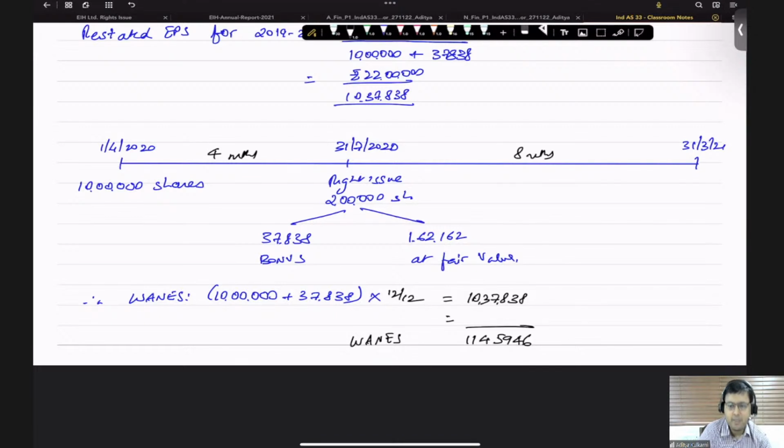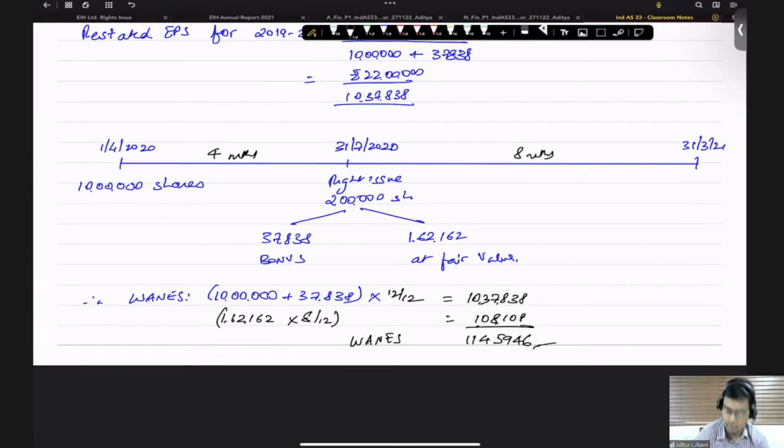And now since we have considered 37,838 at fair value, the shares are only 162 into 8 by 12. So this gives you 108. Addition करके देख लो, your answer should remain the same.